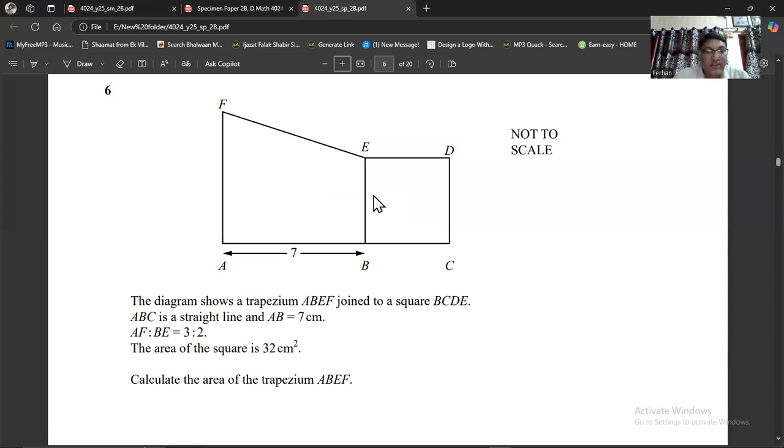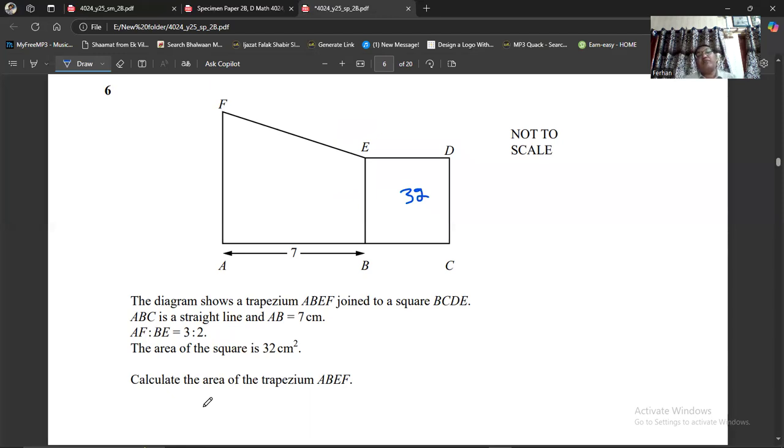The strategy is very simple. You know the area of the square is 32 centimeters squared. So I will take the square root of this and I will be able to find this side. Then I will be able to find this side because I know the ratio between this side and this side. So once I know the BE value, I will be able to find the AF value. The final question is to calculate the area of the trapezium.